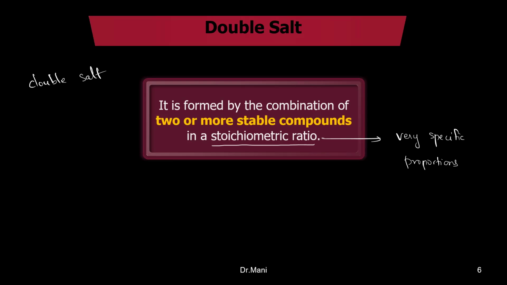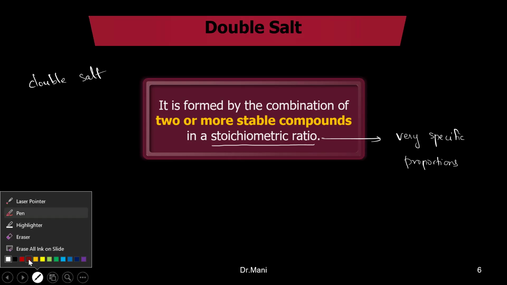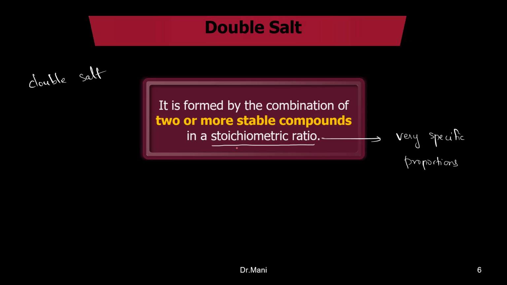Yes. Okay. One more thing you need to notice here, a very, very important thing. Write this down: the unique property of double salts is that they show a very characteristic behavior. That is how you identify a double salt versus other salts and the simple salt.